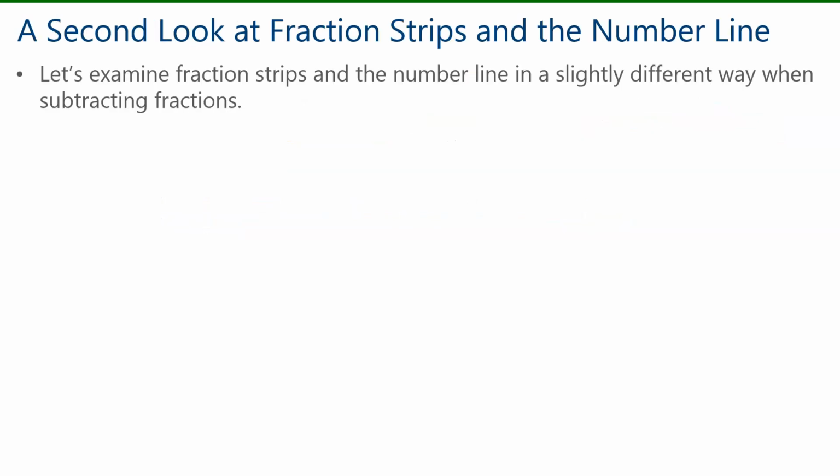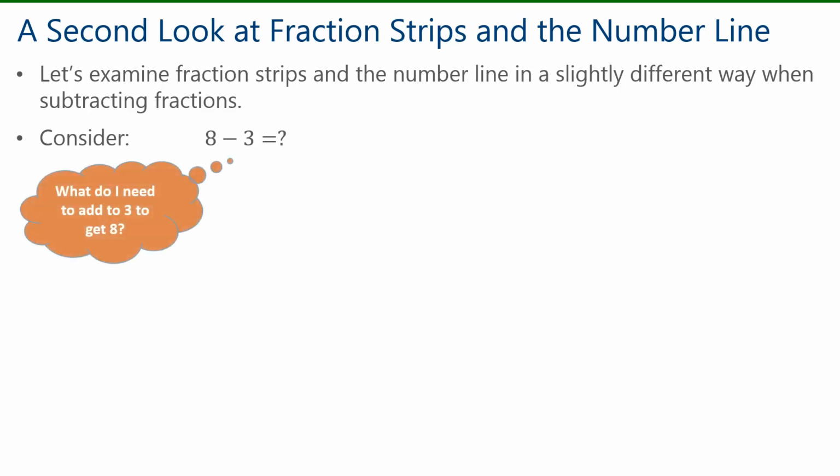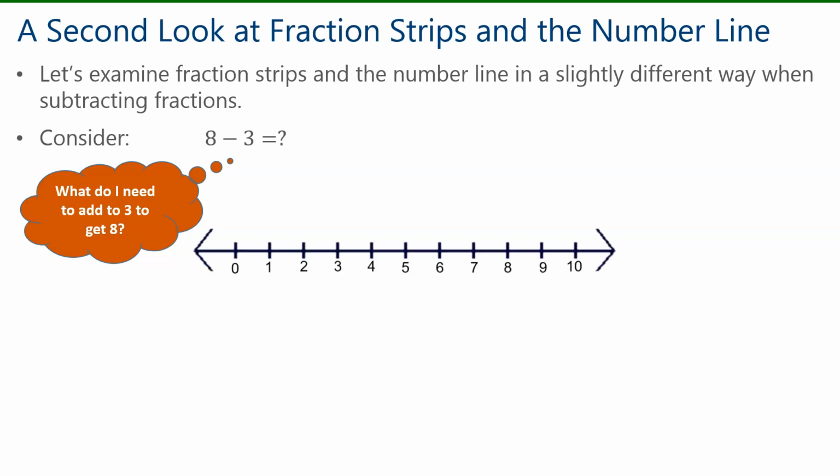So let's examine fraction strips and the number line in a slightly different way when we're subtracting fractions. And what I want you to consider, first of all, is 8 subtract 3. And you could look at this as, well, what do I need to add to 3 to get 8? Or if we look at it in a number line sense, I'm saying, well, I'm going to start at 8, and I'm going to take away 3.